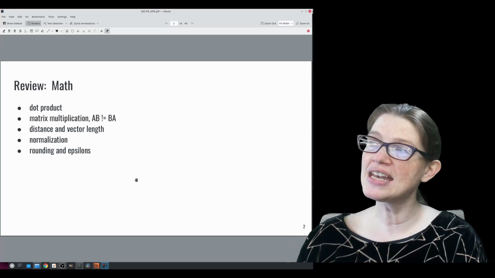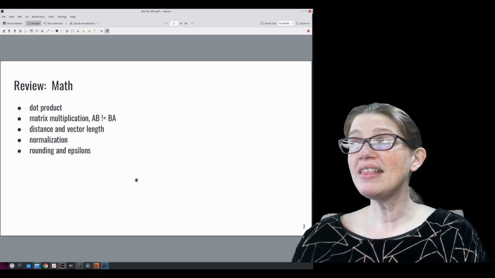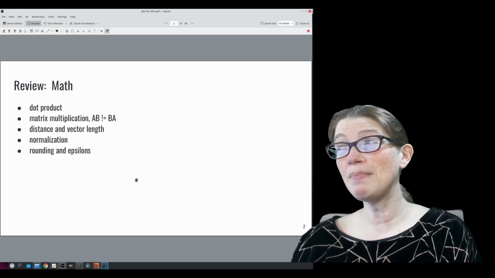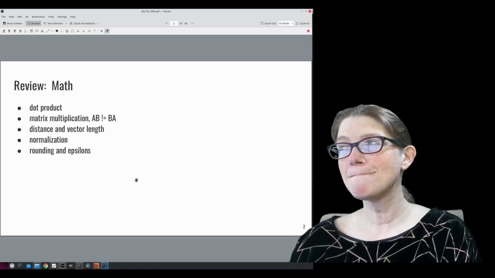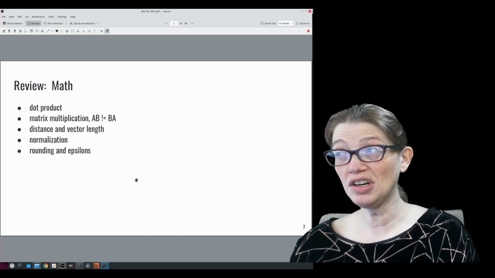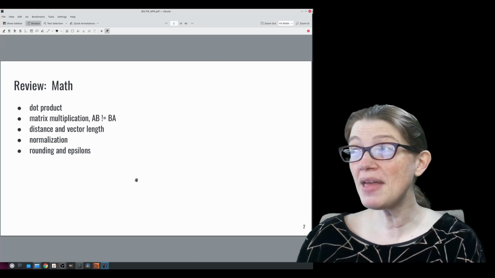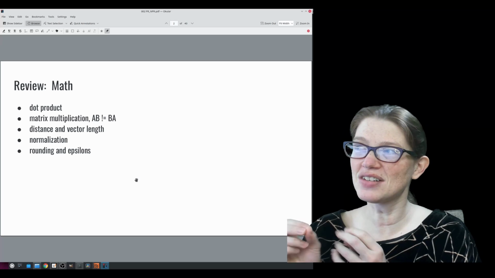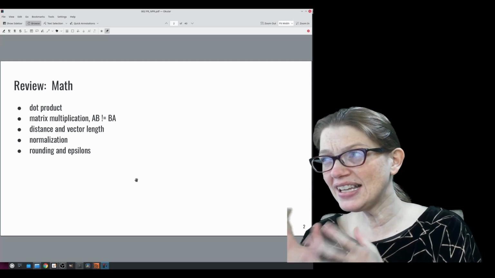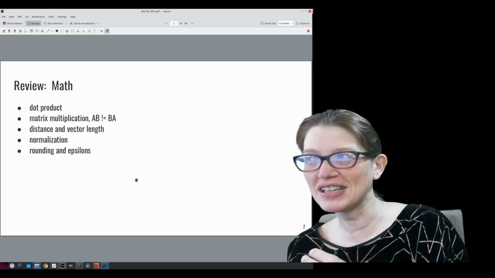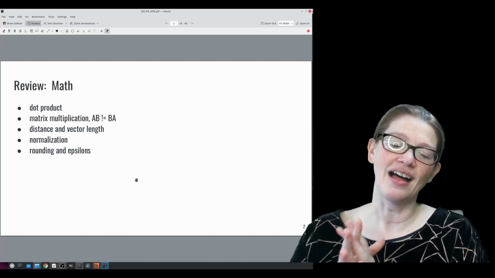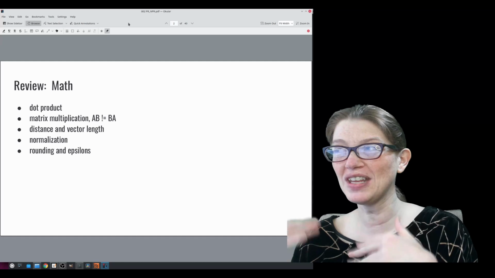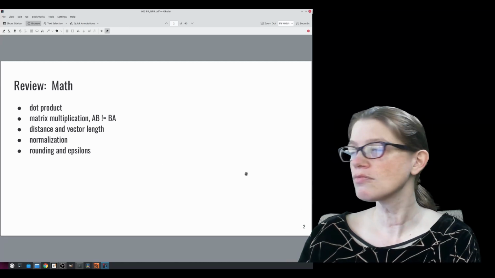If you make the epsilon value smaller, it's more precise, but more susceptible to error. If you make it too big, then when saying whether a ray intersects an object, you might not be doing a perfect job of it, but you don't have to worry about the rounding error so much. So it's really a trade-off there.